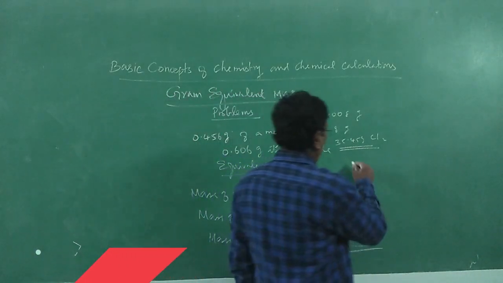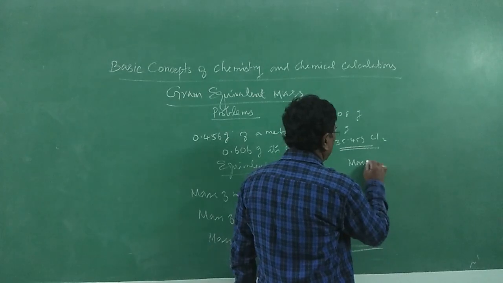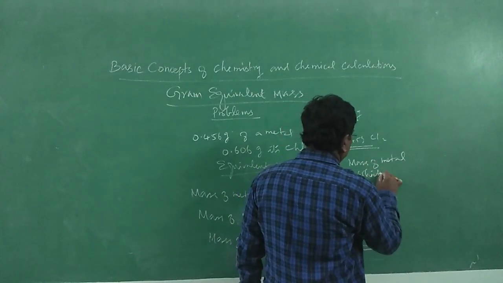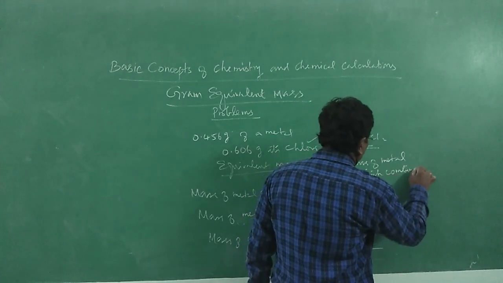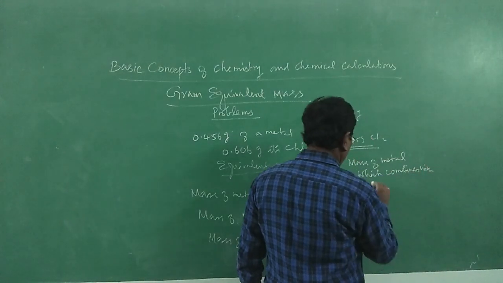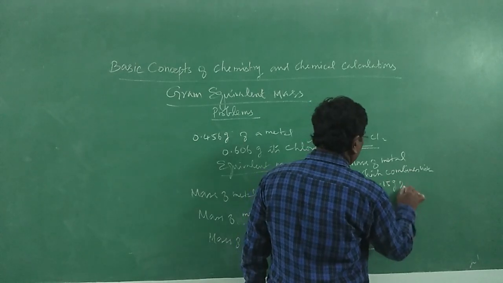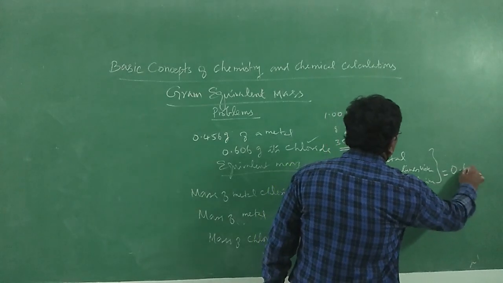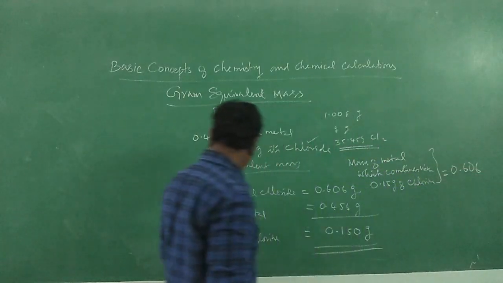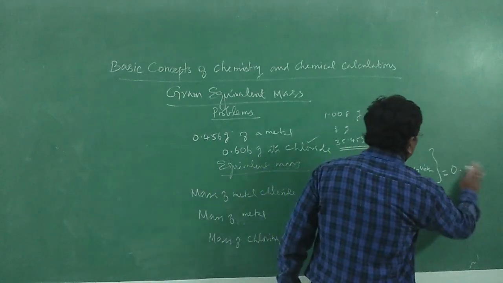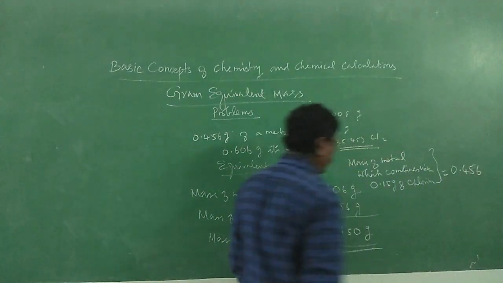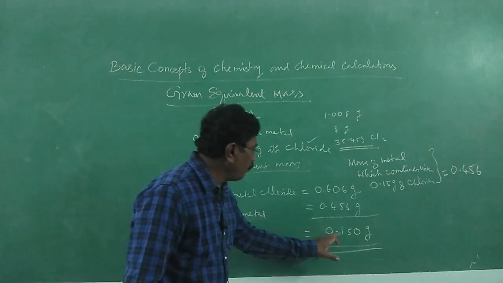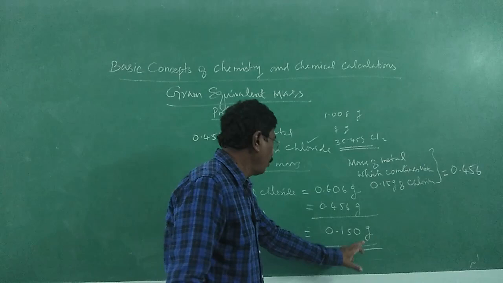Here, as per the given data, the mass of metal which combines with 0.15 gram of chlorine is 0.456 gram. The mass of the metal that combines with 0.15 gram of chlorine is this much.